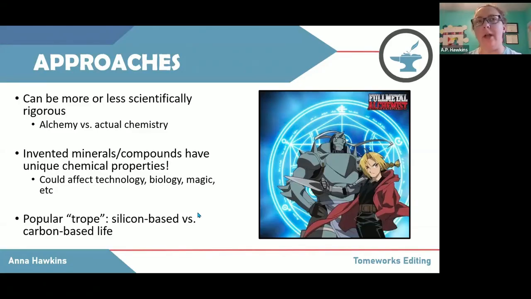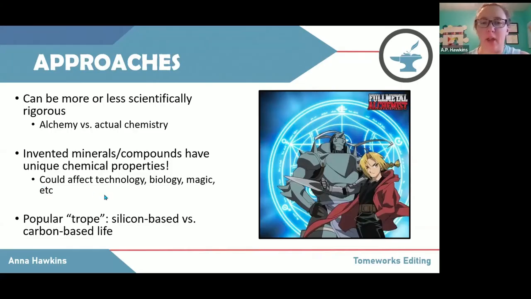What would a life form whose building block molecule is silicon instead of carbon look like? Because that affects all of the body chemistry, which would affect how your body could look, what it could do, what you could eat, and all kinds of stuff. So that's a very popular chemistry-based trope in speculative fiction.